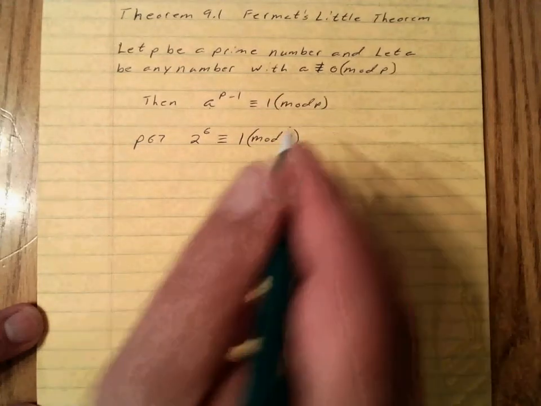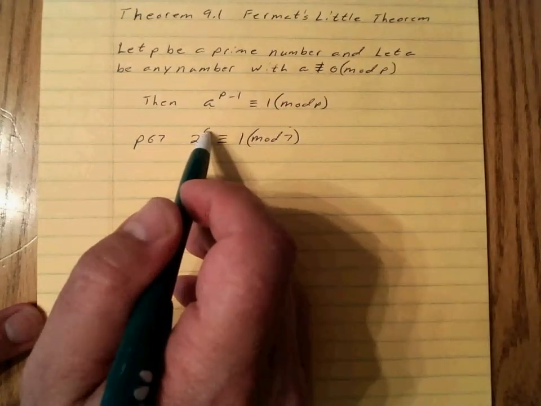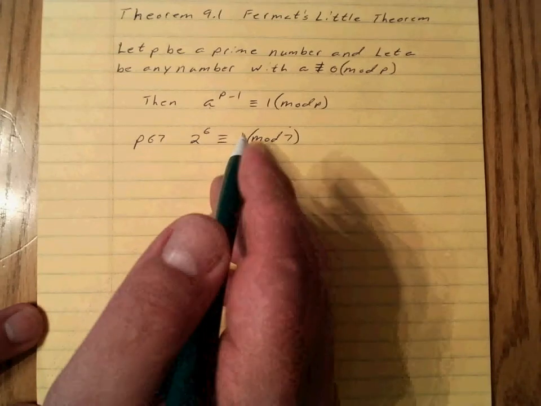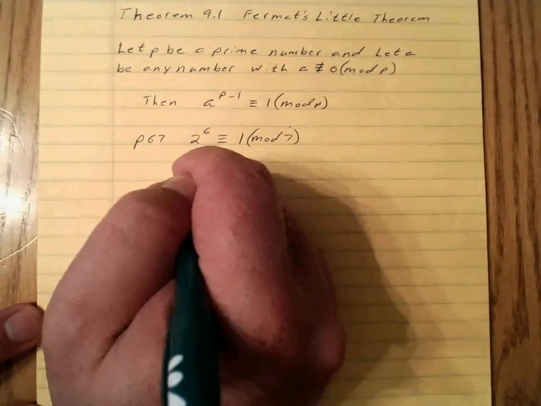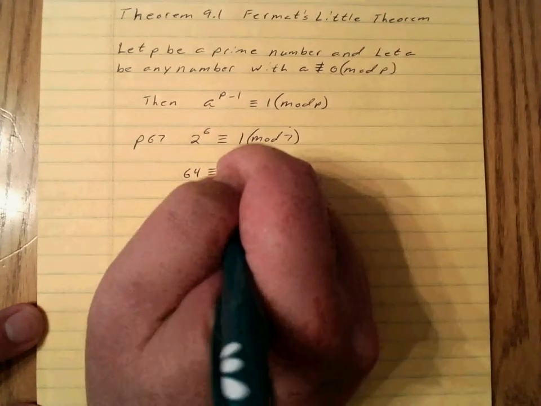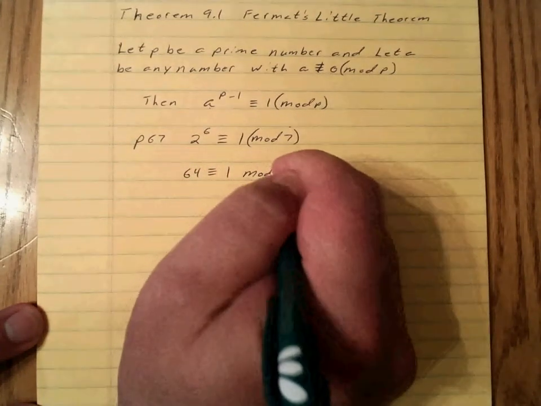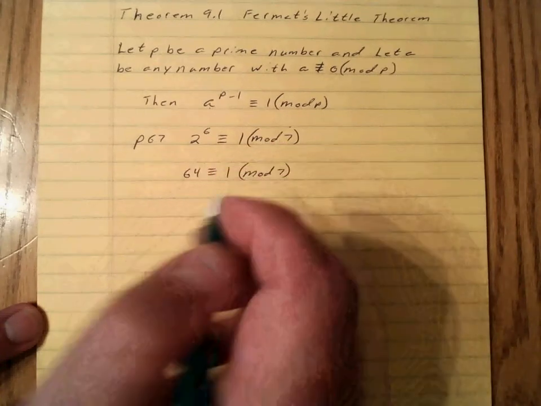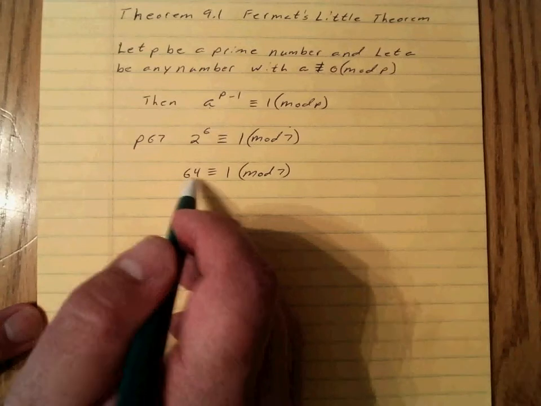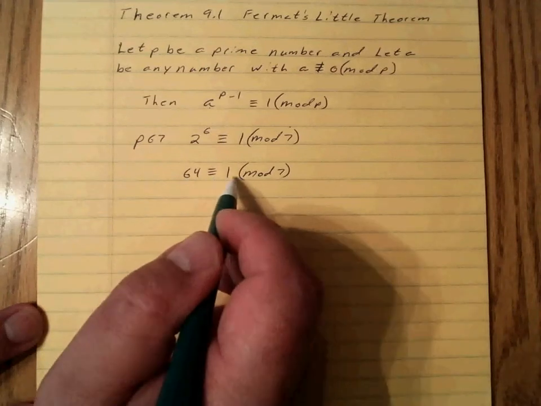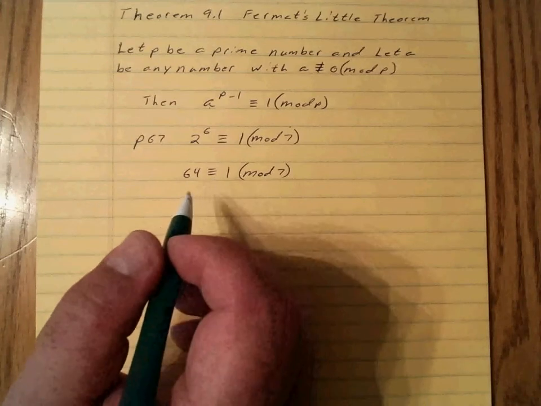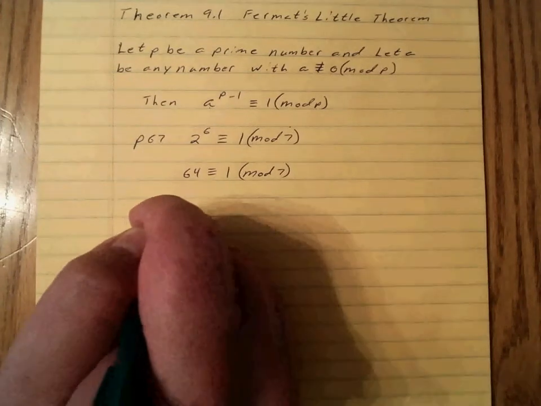You can see that 6 is 7 minus 1, and that's going to be congruent to 1 because 2 to the 6th is actually 64. 64 is divisible by 7 9 times with a remainder of 1, so that gives us this being congruent to 1 mod 7.